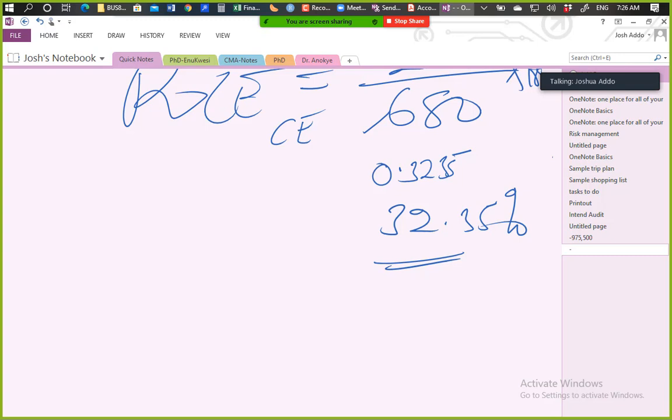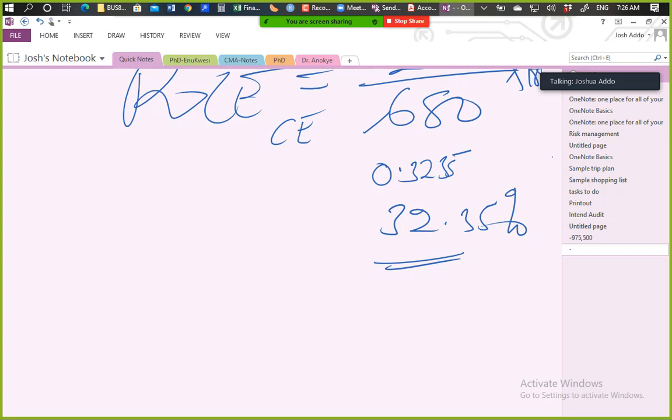So we will judge whether you're doing well or not against the industry averages, and those industry averages may be given to you in the question. Then you will calculate for the company whose financial statements they have given to you. Then you compare. For example, if the industry average was 25% ROCE, and this company is making 32.35, then you can say the company is doing well, it is performing above the industry average.